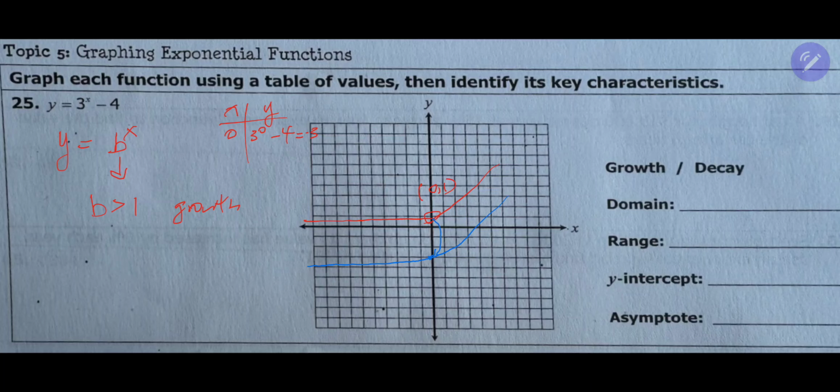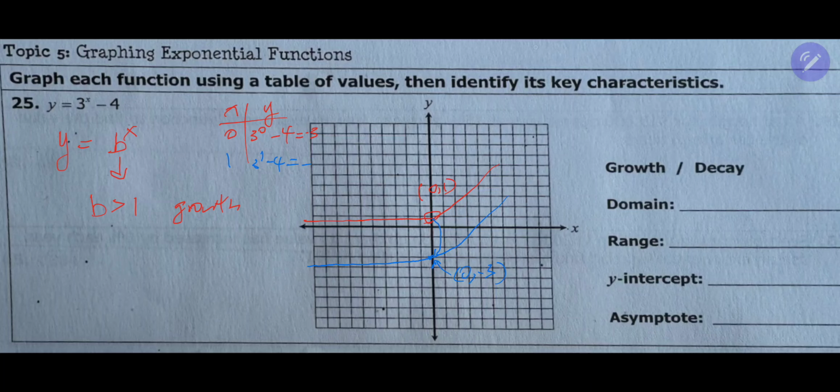And I would say graphing it by points is like the best way to start this. Right, so you can plug in 0, comma negative 3. And then you can also plug in a 1. That's 3 to the 1 minus 4, which is 3 minus 4, which is negative 1. So it's 1, comma negative 1.